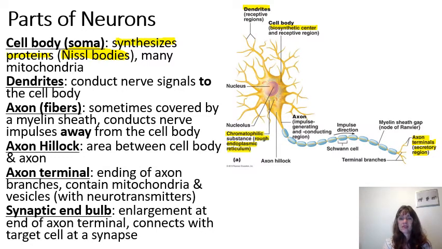Extending away from the cell body is a special structure called the axon. We used to say axons away because they carry electrical impulses away from the cell body or soma towards the terminal branches.